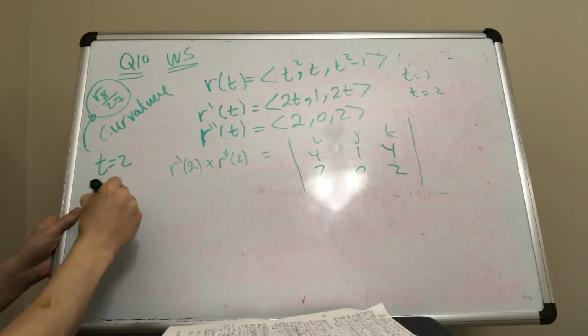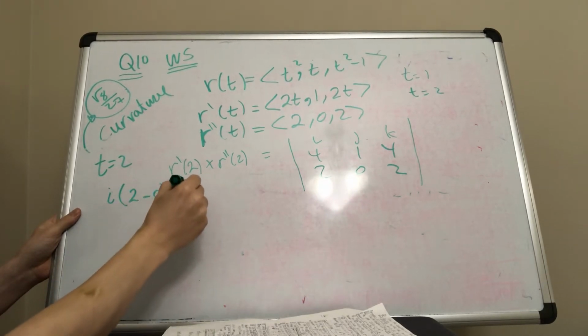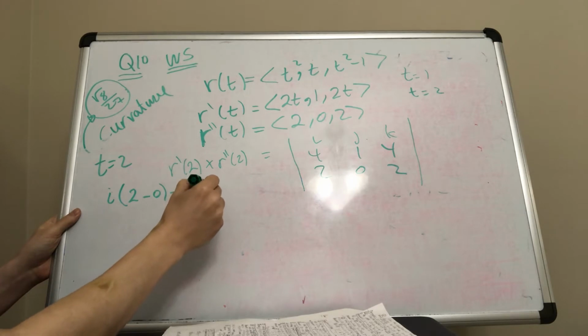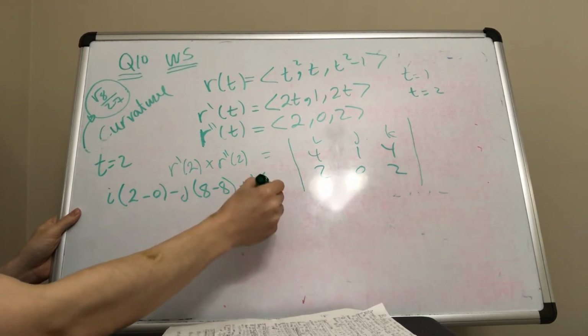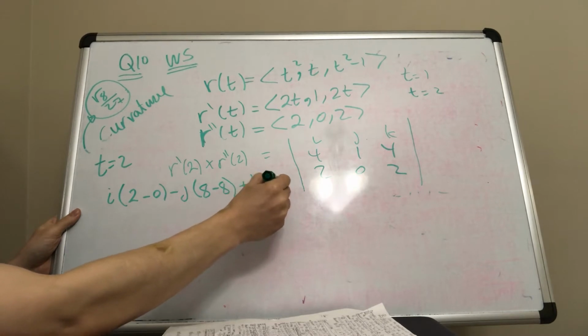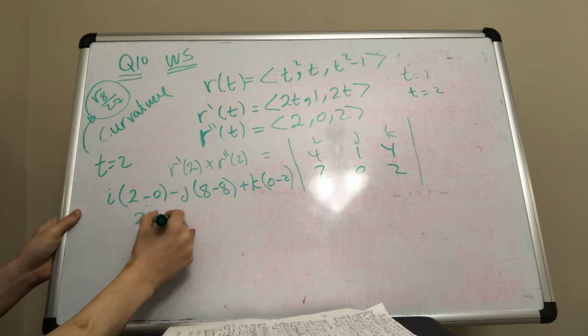Then i times (2 minus 0), j times (8 minus 8), k times (0 minus 2). So once again, it's 2i, 2k.